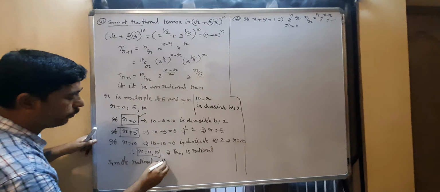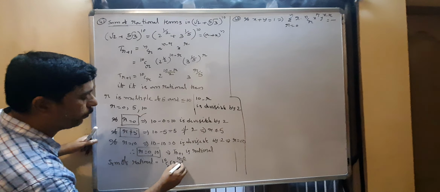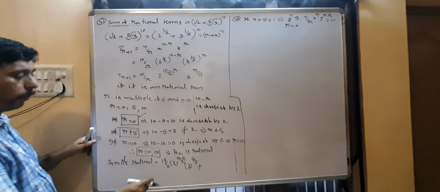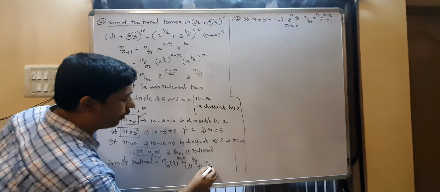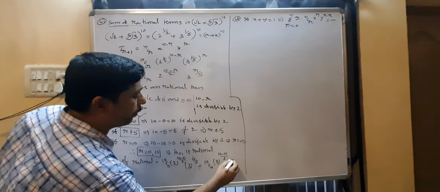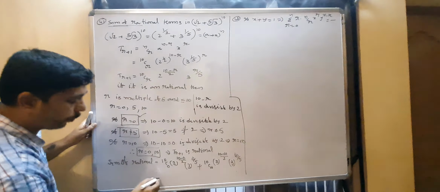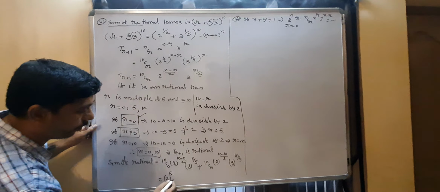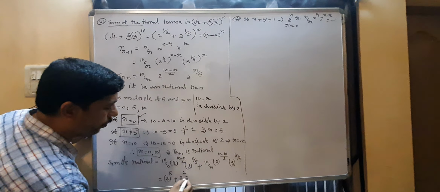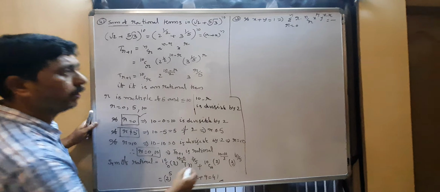That is 10C0, 2^((10−0)/2), 3^(0/5), plus r equal to 10, 10C10, 2^((10−10)/2), 3^(10/5). Something to the power 0 is 1, so 2^5; 10C10 means 1, 2^0 is 1, 3 squared. 2^5 means 32, plus 9, that equals 41. That is the answer.